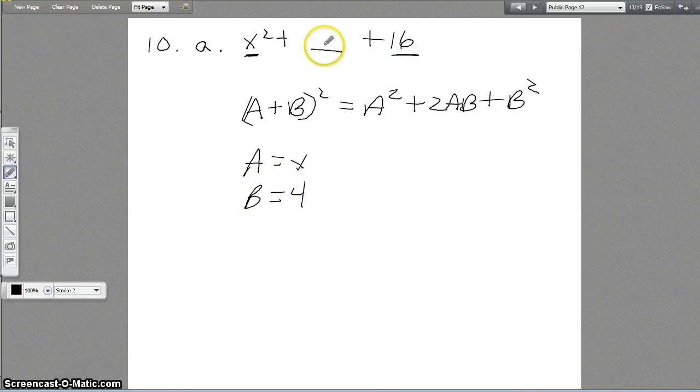That means the middle term must be 2 times x times 4, which is 8x. Okay, that is how you work these problems. Number 10, like I said, is just like number 17. You just need to figure out what binomial is being squared so that you can fill in your blank spot. That is all.